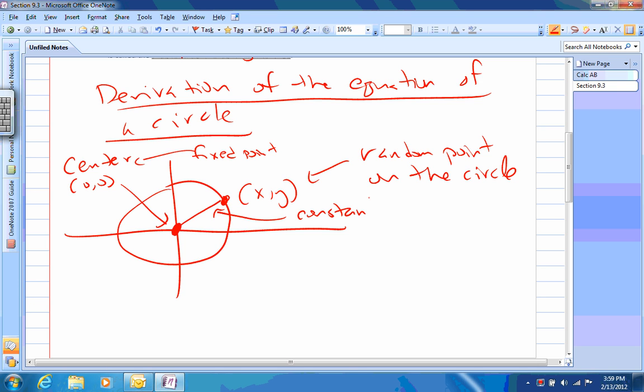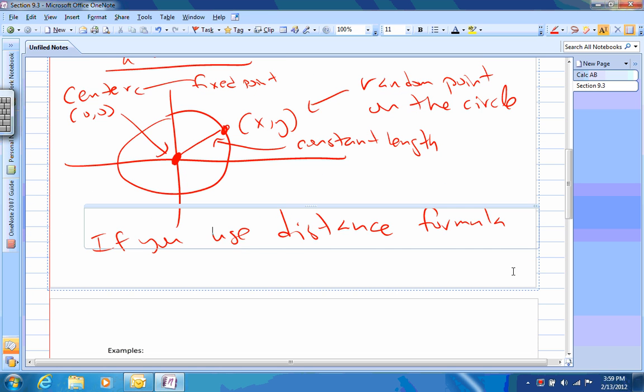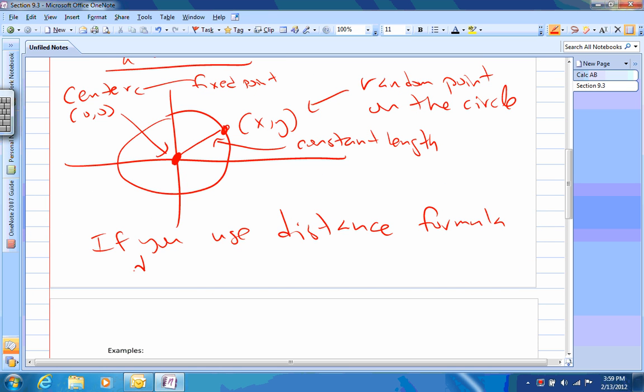So this is supposed to be a constant length. So if you use distance formula, which we've talked about earlier in this unit, and I said distance formula kind of forms the basis for the rest of this unit here. If you use distance formula, d will equal the square root of x minus 0 squared plus y minus 0 squared.